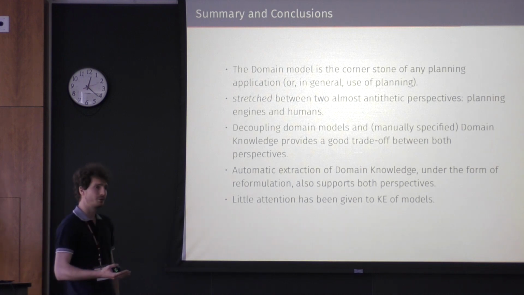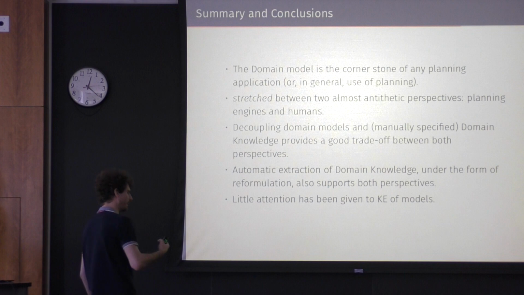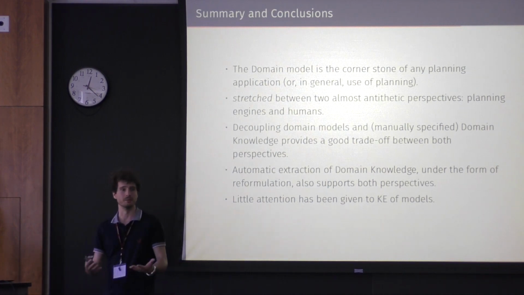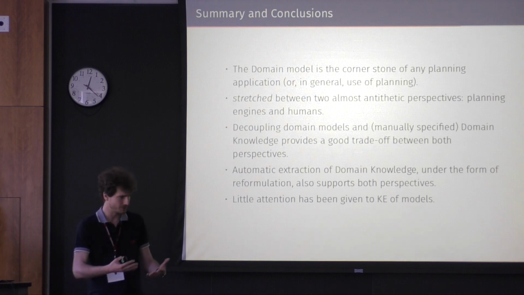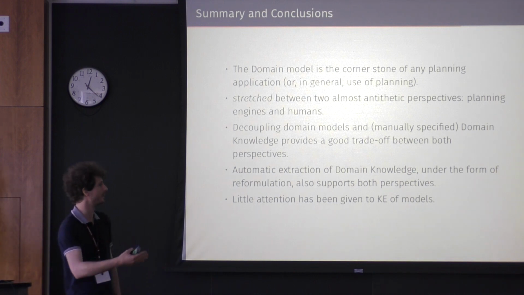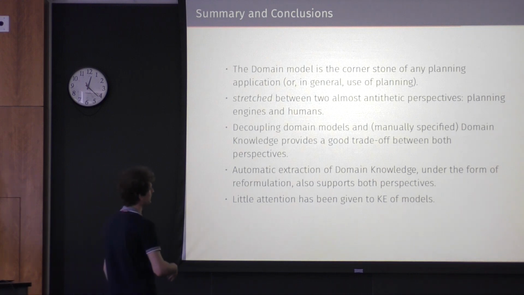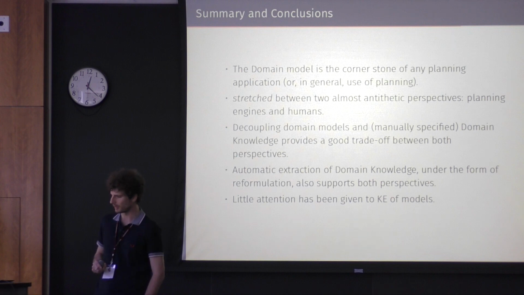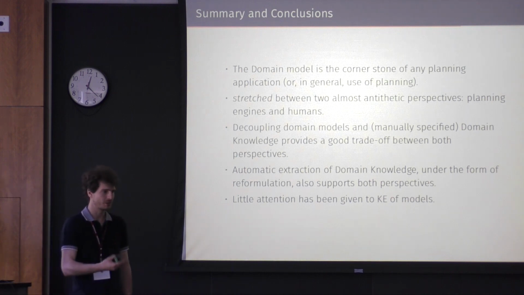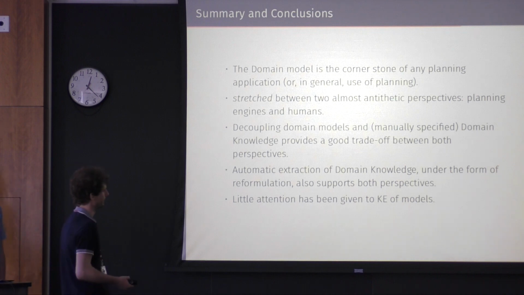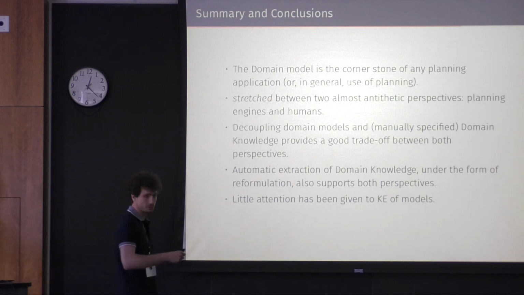On the one hand, you have a human who is encoding the domain model and who wants a model which is readable and which carries some information which can make it easy to validate and to maintain. On the other hand, you have a planning engine which doesn't care much about maintenance or human readability, but just cares about having something which is easy to reason upon.